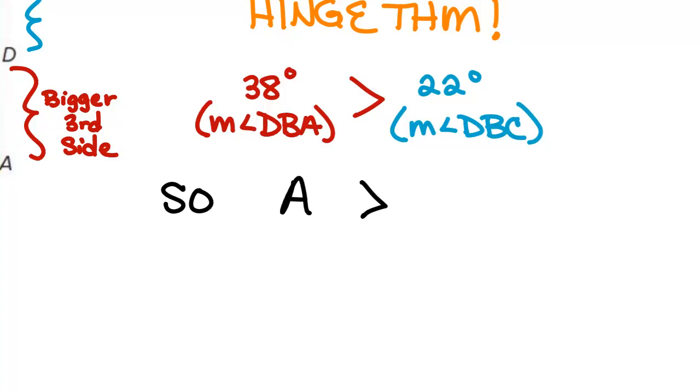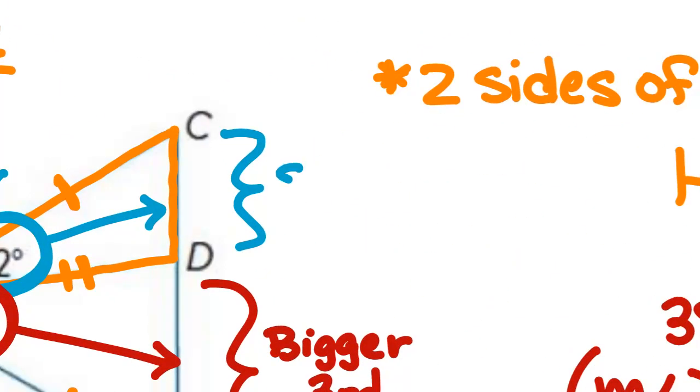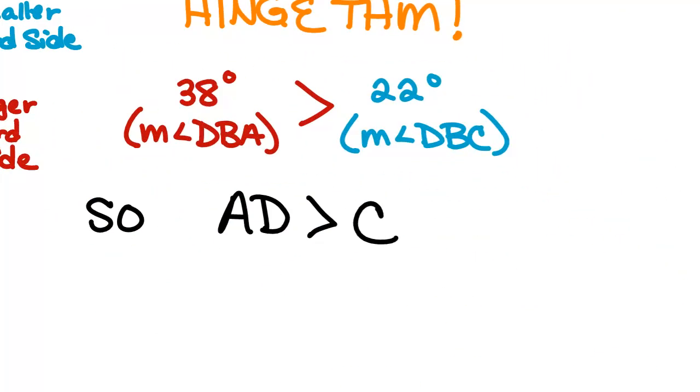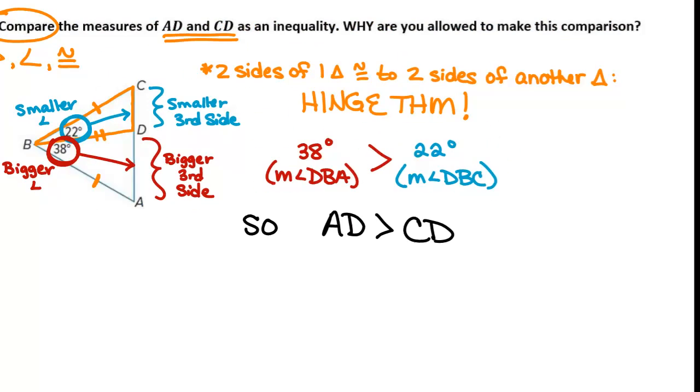Either one, it does not matter whether you call it DA or AD. AD would have to be bigger than what? DC, or CD. This is the comparison that I was asked to make.